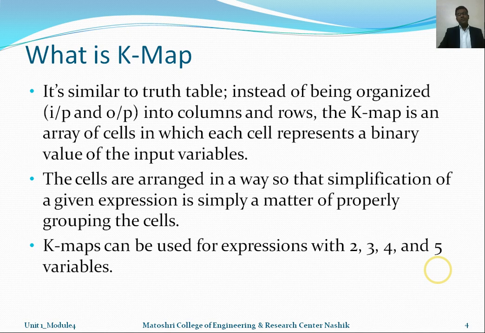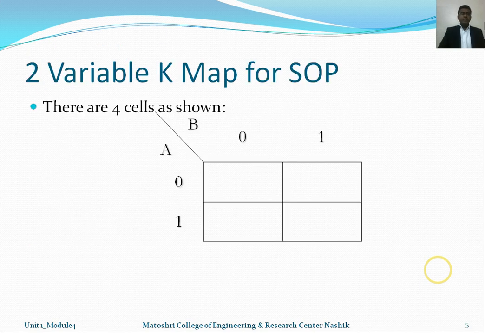In previous modules we studied another, the Boolean algebra technique, but it requires knowledge of the rules and laws of Boolean algebra, and we cannot confirm whether the final answer is the simplest form or not. So that's why we move to the K-map.